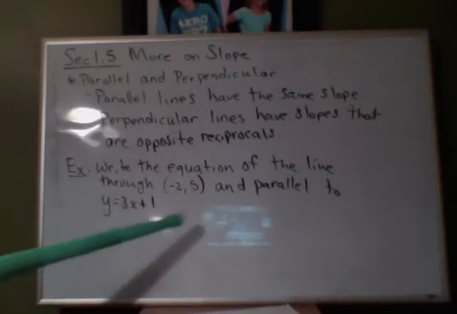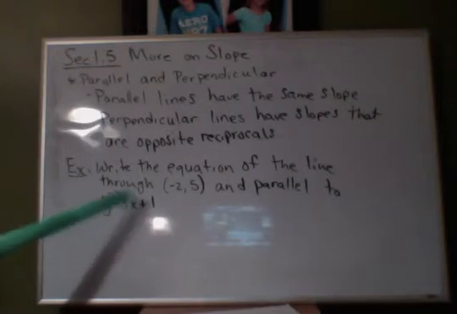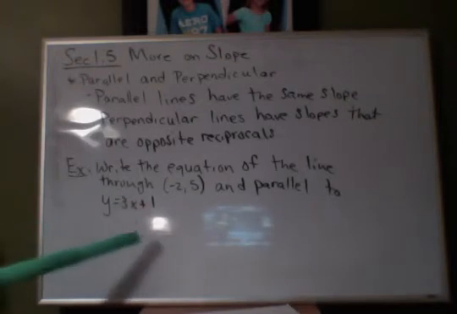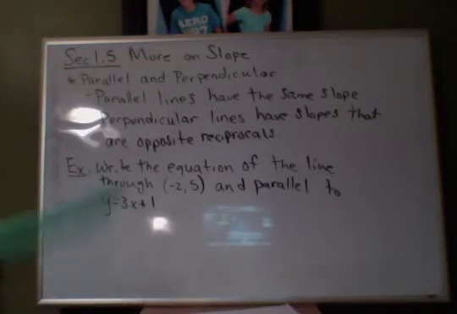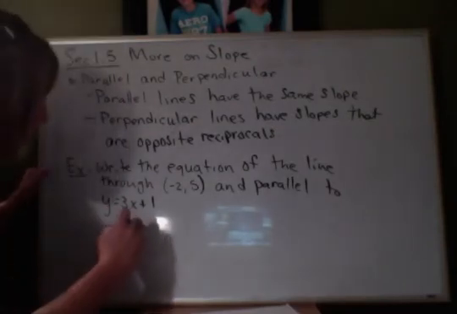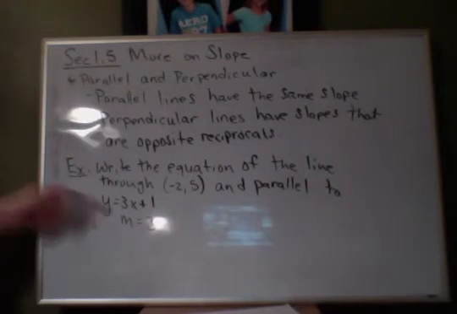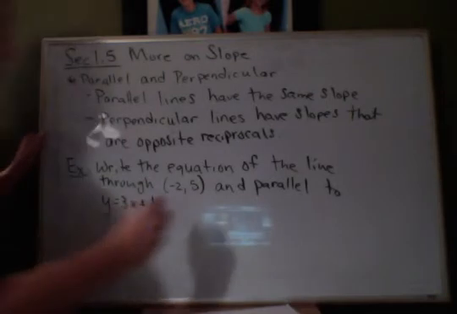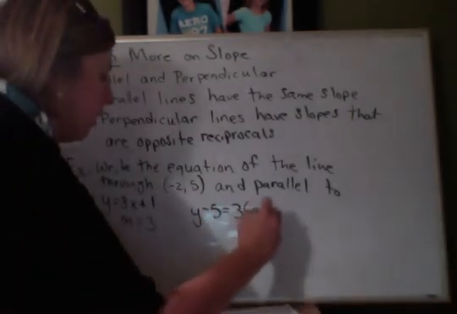We know that our line needs to be parallel to this one. So if I know the slope of this line, I can then know the slope of the line that I want to write. This one's already in slope-intercept form, so we can easily identify this slope as 3. And so we know that the slope of our line is also going to be 3. And we can write our point-slope equation. You've had lots of practice with this, so I'm not going to spend a lot of time on it.